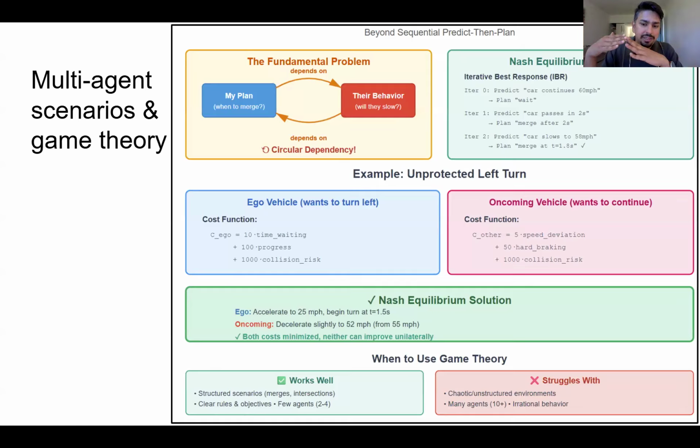Finding this point is actually called the Nash equilibrium. There are different ways to solve for it, but a common way is using IBR, iterative best response, by iteratively trying different actions and computing some cost, and then reaching the particular point where you cannot improve the total cost of the system. So it's not just that you're optimizing for your own cost, it's a joint optimization problem.